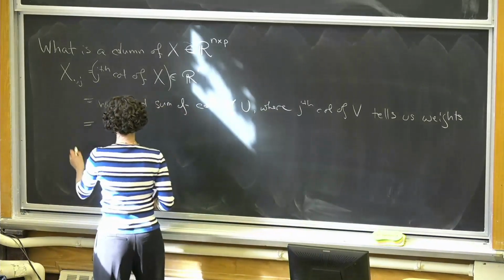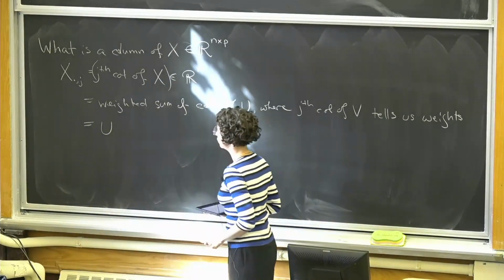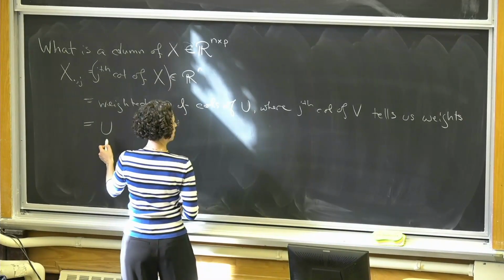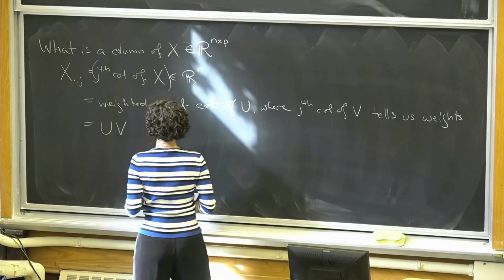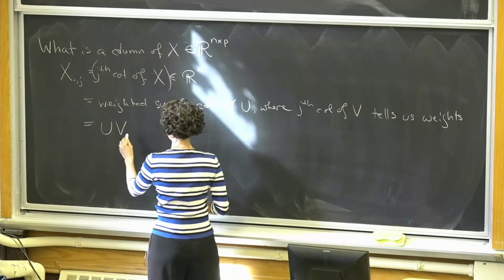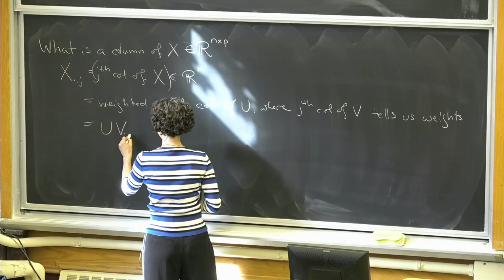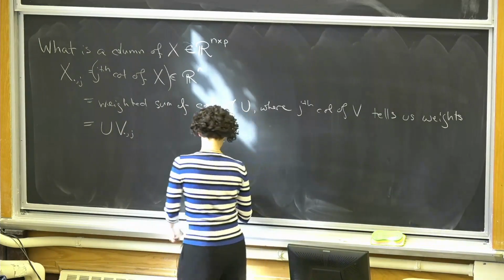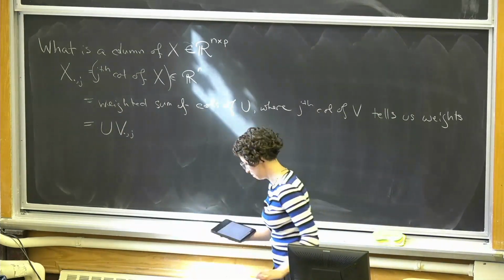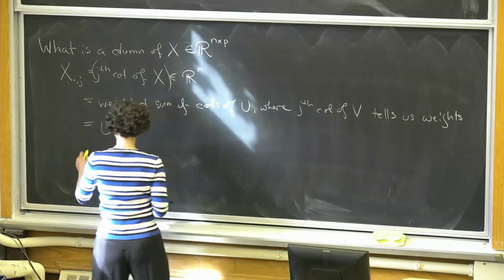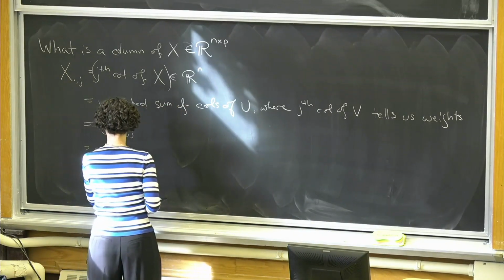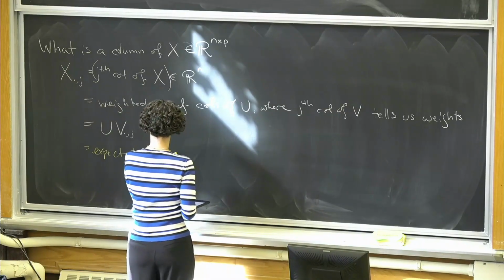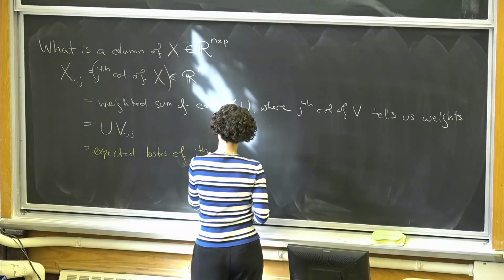So this is the same as taking the full matrix U and computing the product of that matrix with the jth column of V, which we write as V dot comma j. And in the context of our running example, this is the expected tastes of our jth customer.